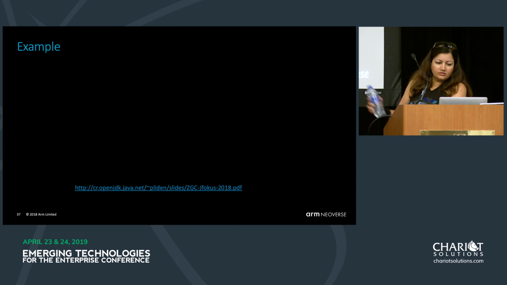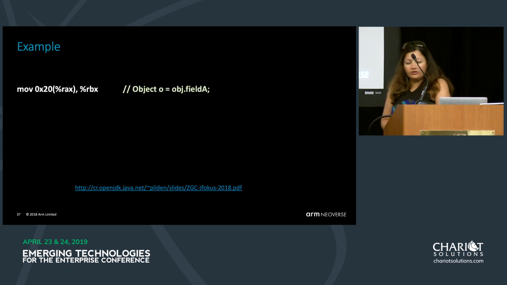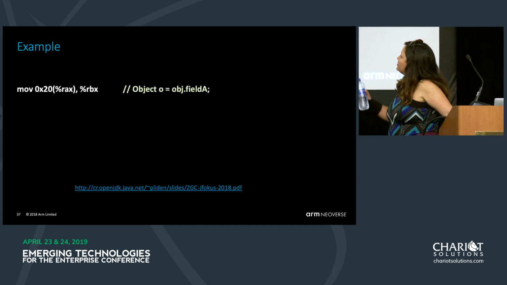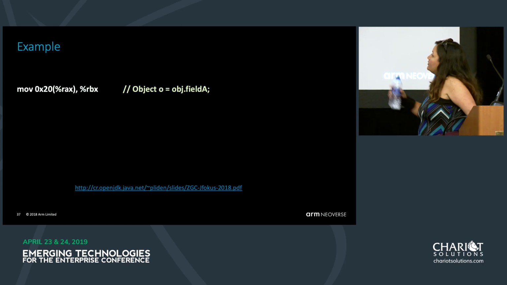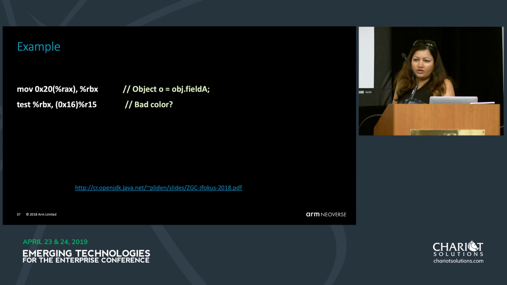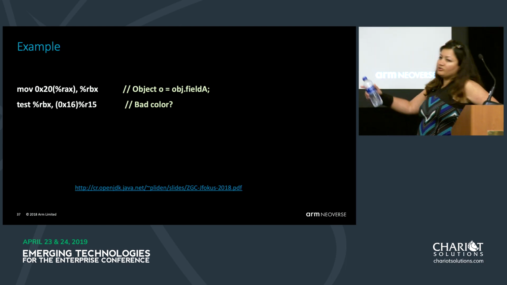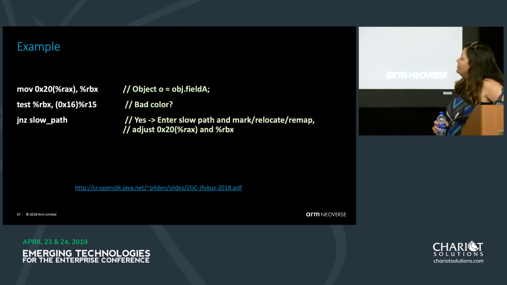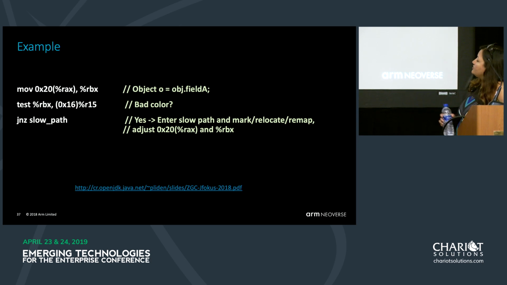To read more, this is the slide deck. In assembly, object O to object field A would look like this. And then you want to check for the bad color. There's a simple test, and if it's not zero, then go to the slow path.